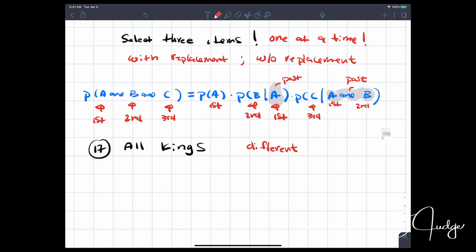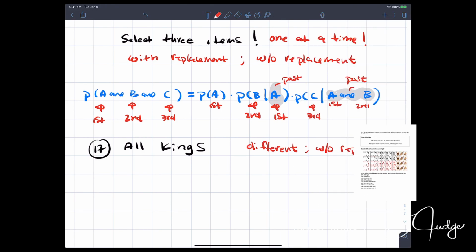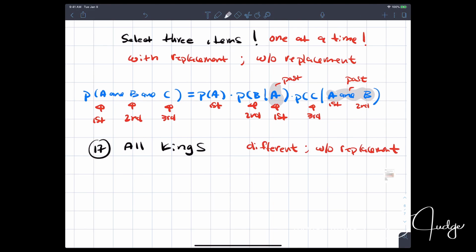Being different means without replacement. So now, all these questions that I have for you guys, 17 to 25, it looks like, this is a without replacement situation. So be careful, be awake when they say different. Yes, different means, again, without replacement. So you guys want to definitely remember that.